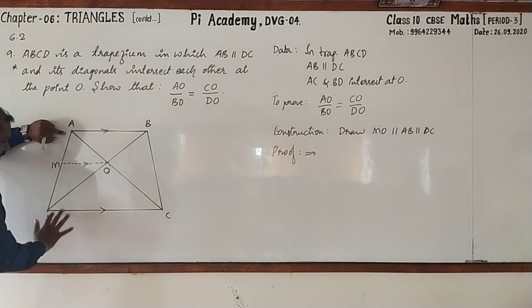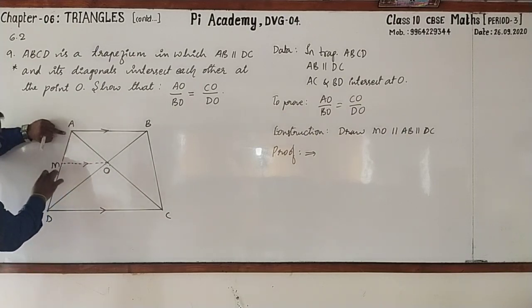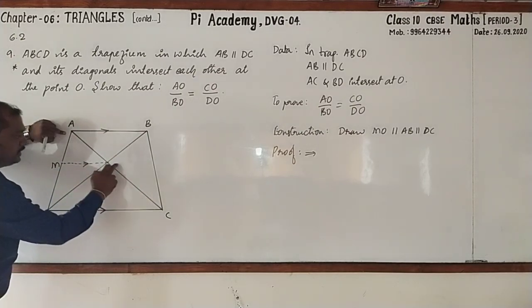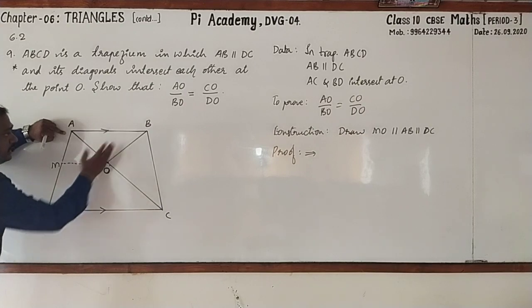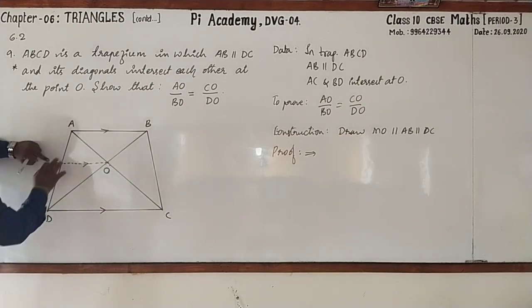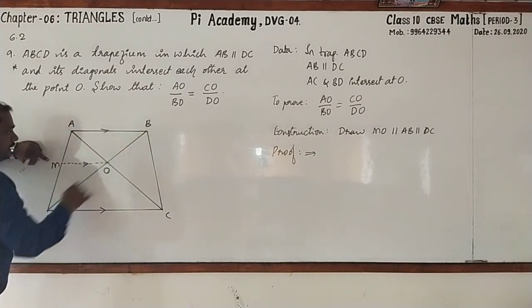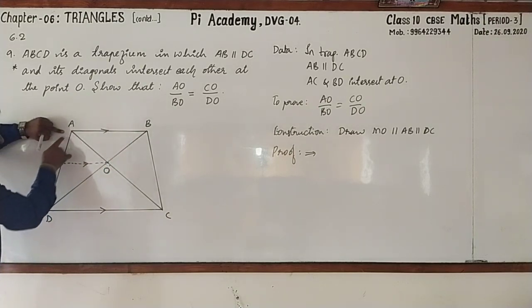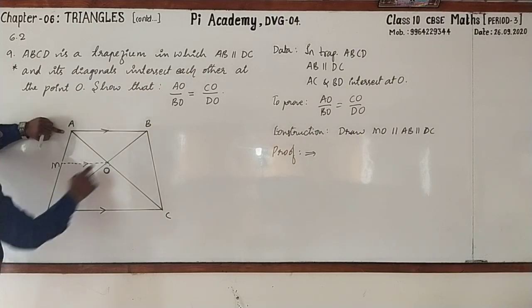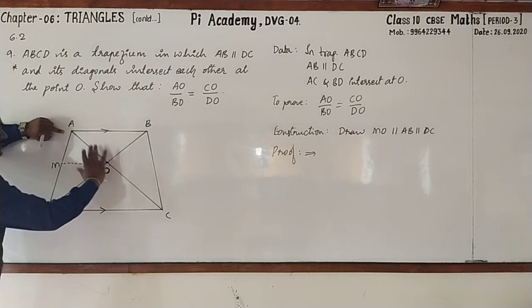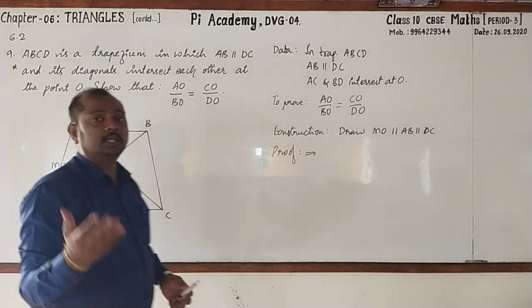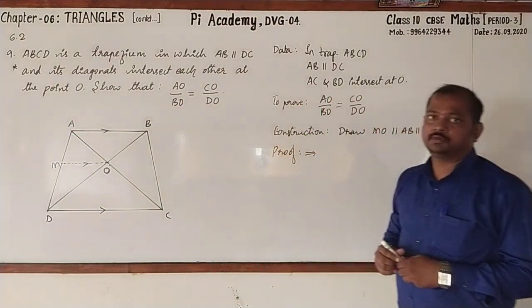Here, MO is parallel to DC, that's why AM by MD is equal to AO by CO. Next, we want DO and BO. I take the triangle ADB or ABD. MO is parallel to AB. Again, I'll take AM by MD is equal to BO by DO. See, both the ratios are equal to AM by MD only. Hence, you can equate them to prove the given statement.